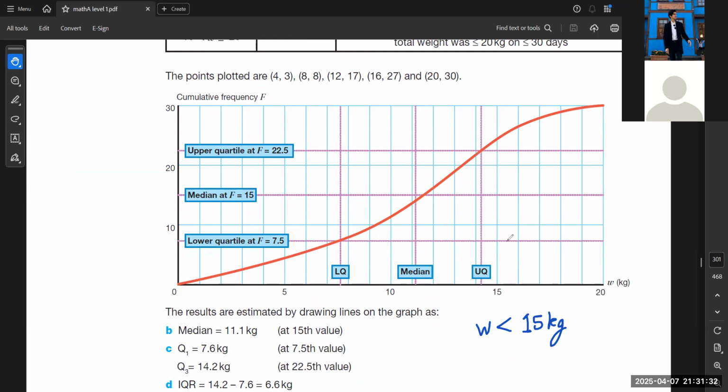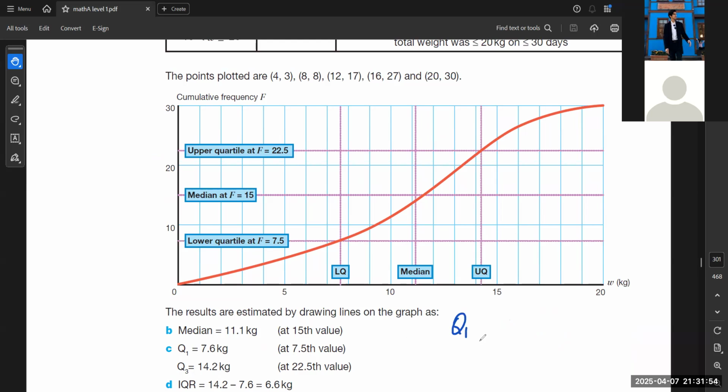That will simply be, so I trace 15 kilograms and I check the cumulative frequency. That looks like about 25. That means that exactly 25 boxes had a weight of 15 kilograms or less. That's how you can read this graph. Now, from this graph, it's very easy to check what the lower quartile weight is. How?